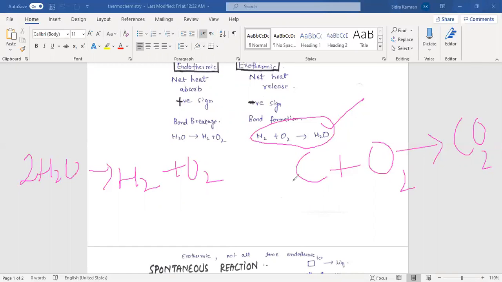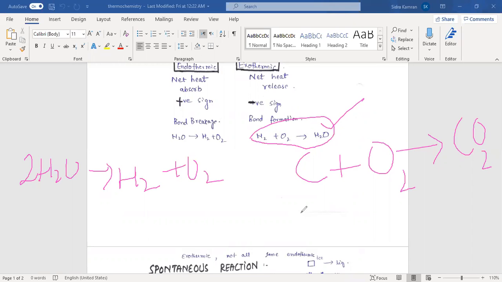But I am giving you an idea about these two reactions due to the concept, because the whole chapter is based on these concepts. What is an exothermic reaction? What is an endothermic reaction? What is a spontaneous reaction? What is a non-spontaneous reaction? You must know about these. So leave the difference between these two. You got the whole concept, so you can differentiate.